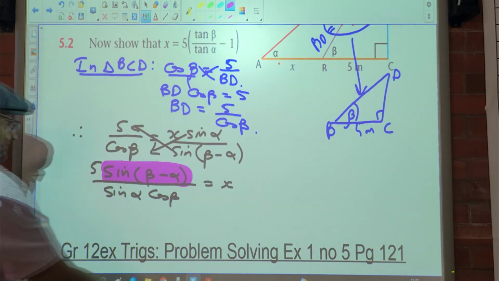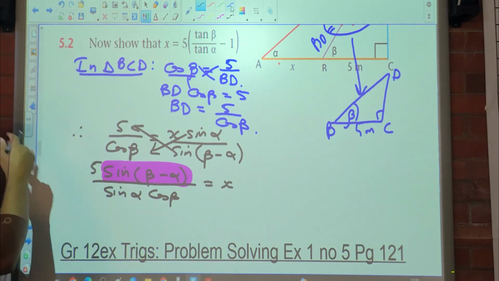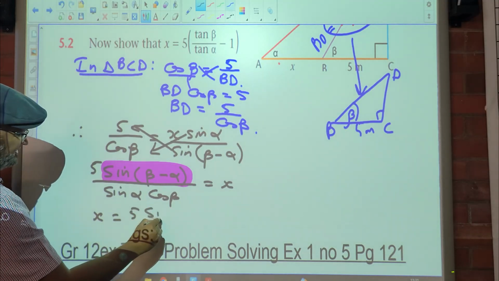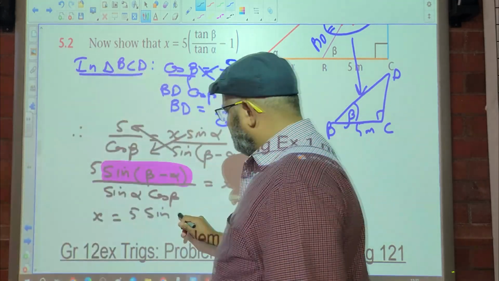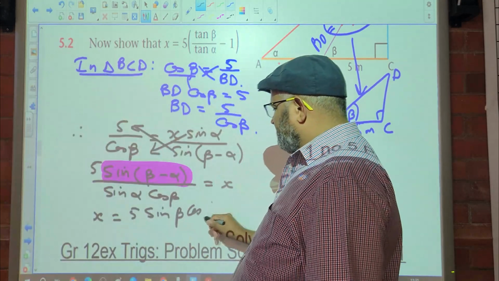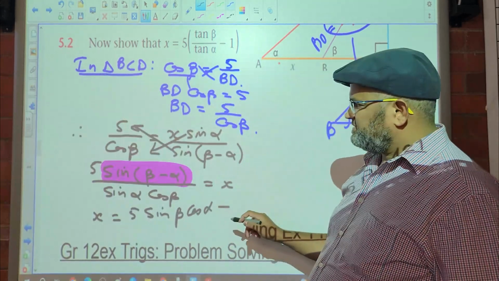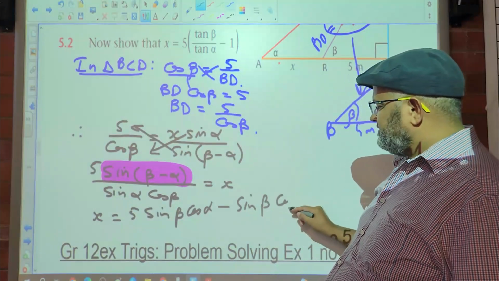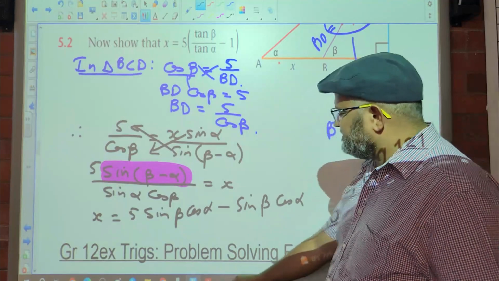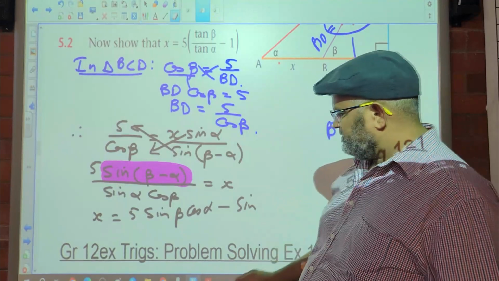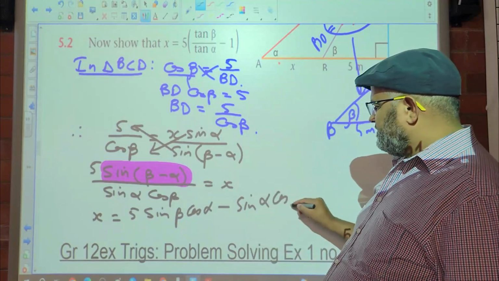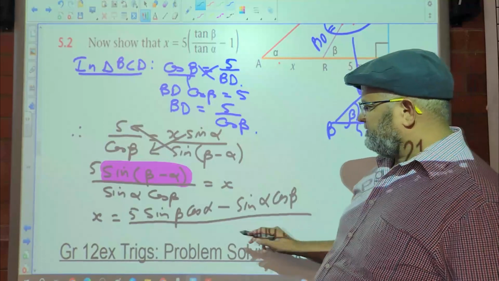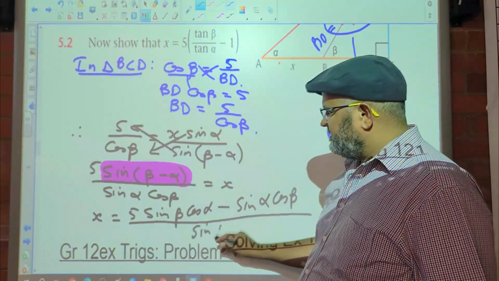So sine beta minus alpha can be written as what? 5 sine beta cos alpha minus sine alpha cos beta over sine alpha cos beta.